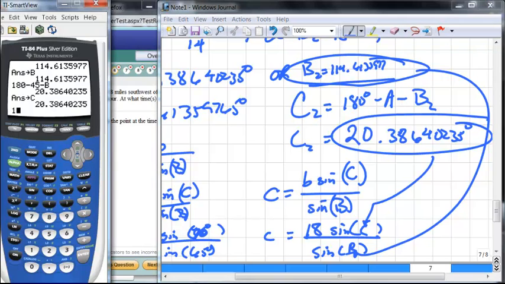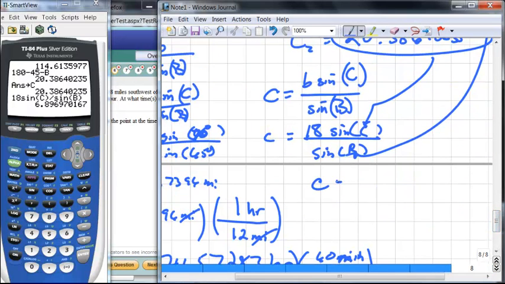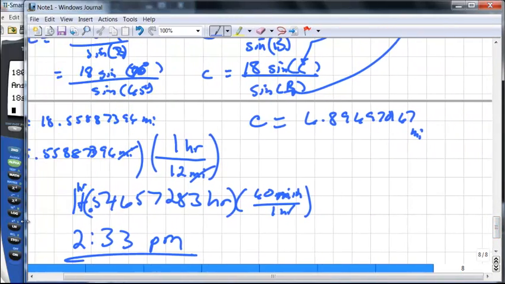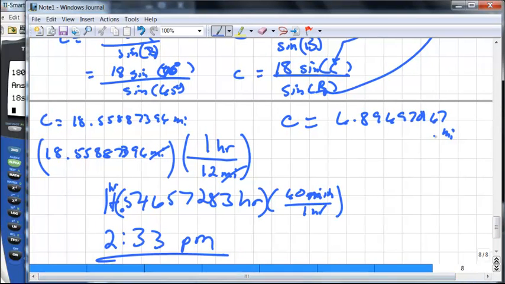So I can go 18 sine of C, that's the new version, the 20 point something degrees, divided by sine of the new version, the 14 point something degrees for angle B, which is alpha B. And this is going to give me my new value for C, 6.89697067, and that's miles.